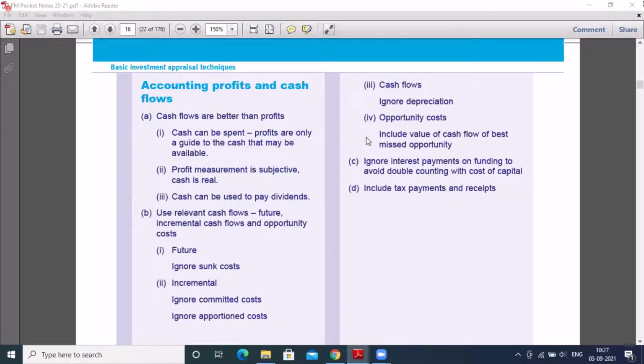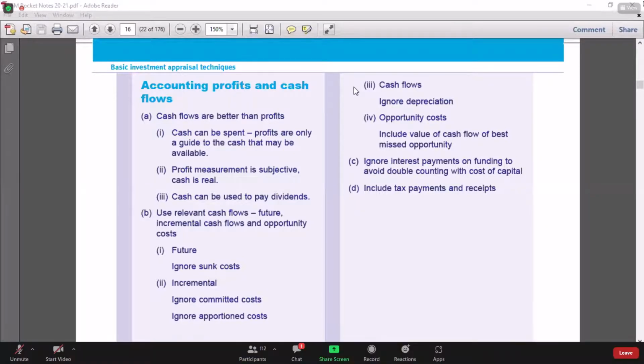So what is the cost saved? 2 lakhs. This should be considered as a relevant cash flow. I hope you understood the concept. Is it clear? Because the company is saving a cost on the salary of 2 lakhs, that is considered as relevant.